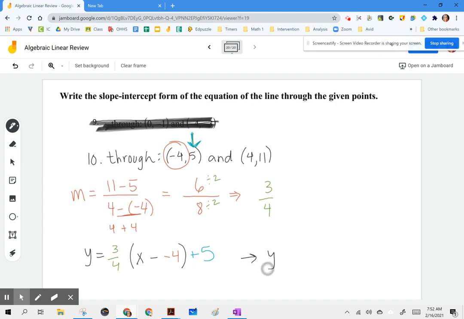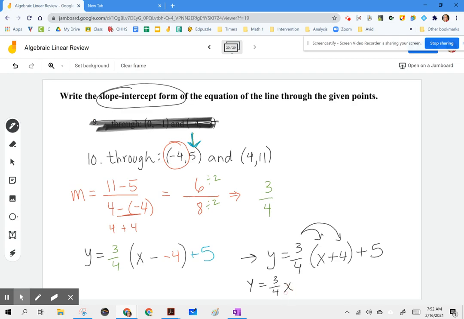So I've got y equals 3/4 x plus 4 plus 5. Now the problem is they told me I needed slope-intercept form. So that just means that I am going to have to go ahead and distribute. So I get y is equal to 3/4 x. If I take 3/4 times 4 over 1, that's just going to simplify to the number 3.